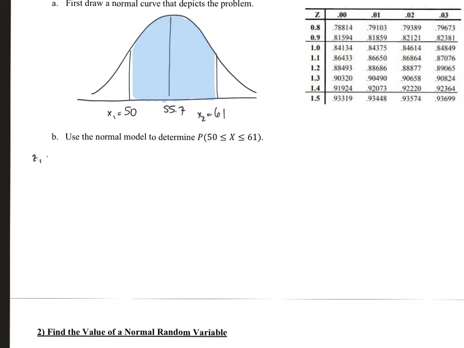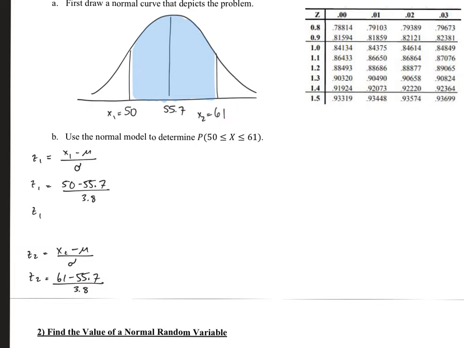So z sub 1 is going to equal my x sub 1 minus mu all over sigma. And z sub 2 is going to equal x sub 2 minus mu all over sigma. So let's write these out. z sub 2 is 61 minus 55.7 divided by 3.8, and then z sub 1 is 50 minus 55.7 divided by 3.8.